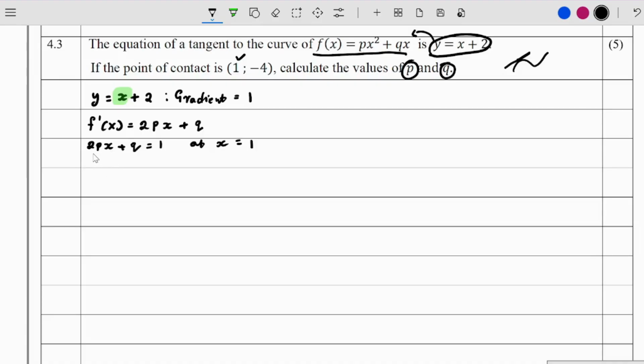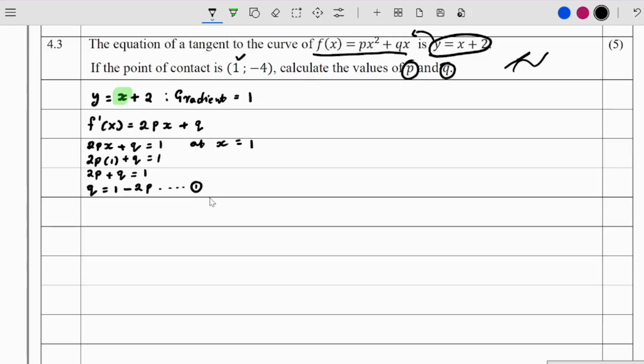So I'm going to substitute: 2p into 1 plus q is equal to 1. So 2p plus q equals 1. Allow me to make q the subject of the formula: q equals 1 minus 2p. I'll call this equation number 1.